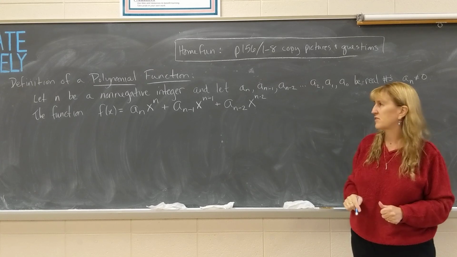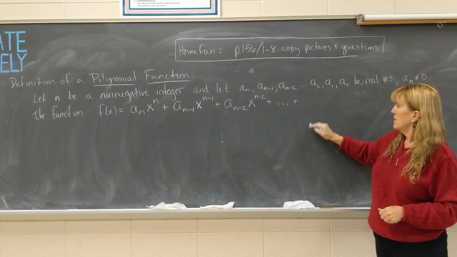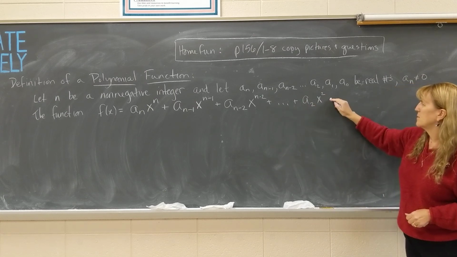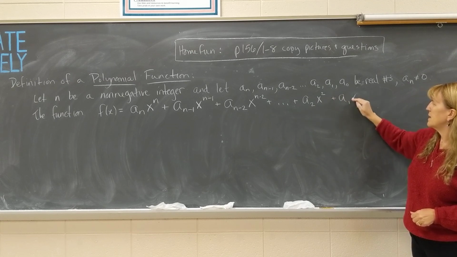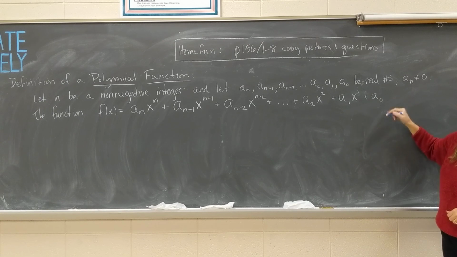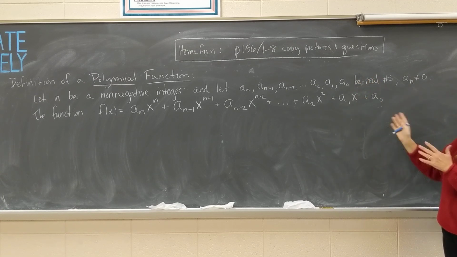I'll give you an example in just a sec. Plus a sub 2 x squared plus a sub 1 x to the first plus a sub 0 x to the 0. And if I have x to the 0, that equals 1, so I don't have to write that. As a matter of fact, I don't even need to write that 1 up here on this exponent either, do I? No. Okay. So, take it, leave it, yes or no?